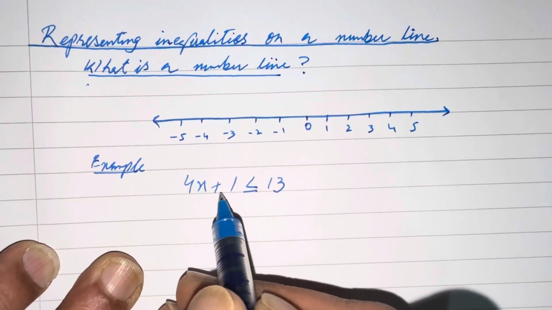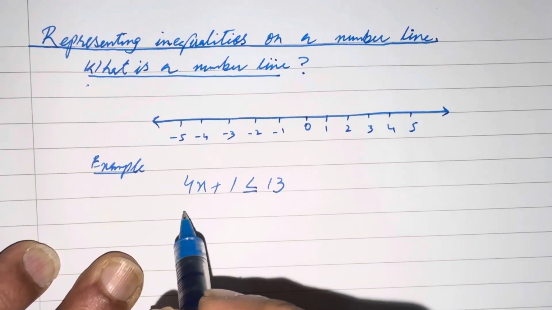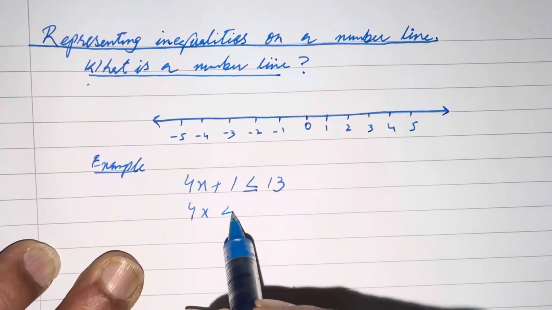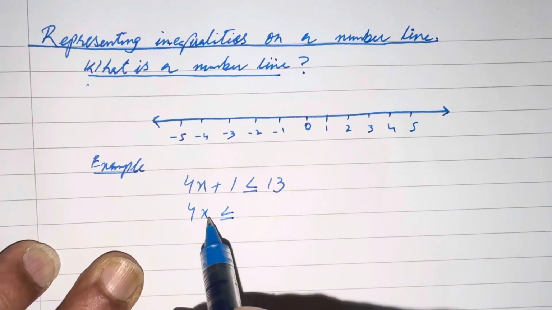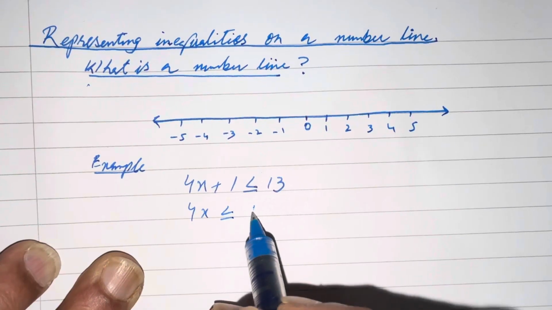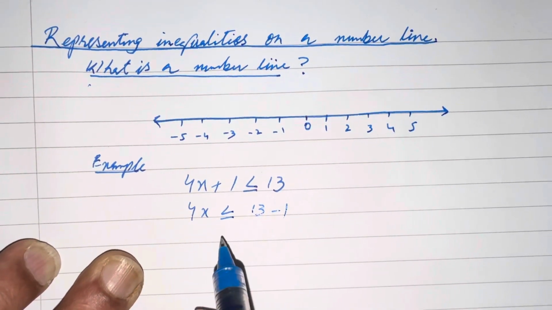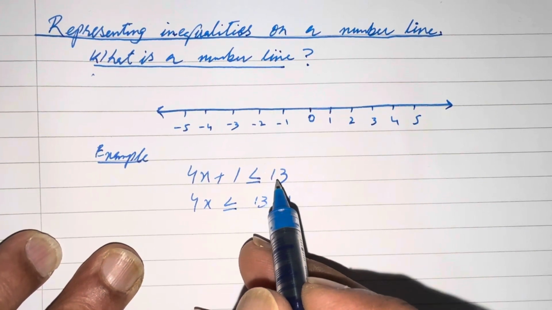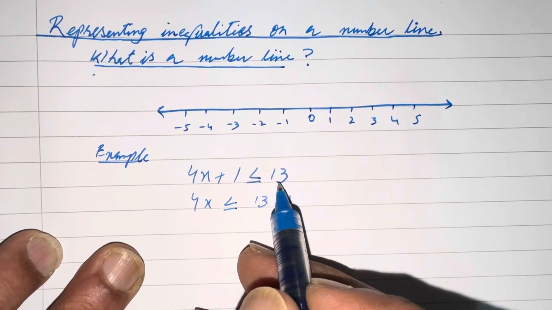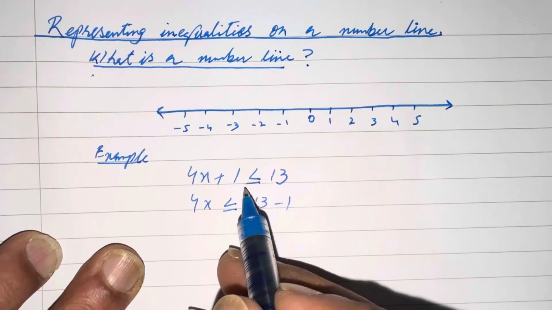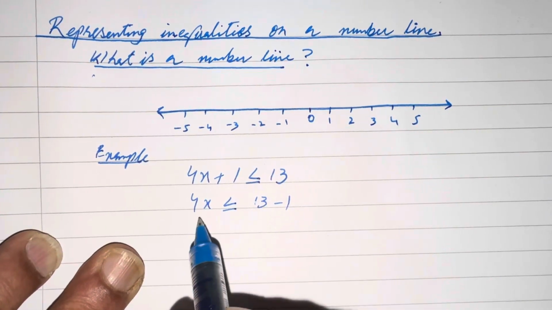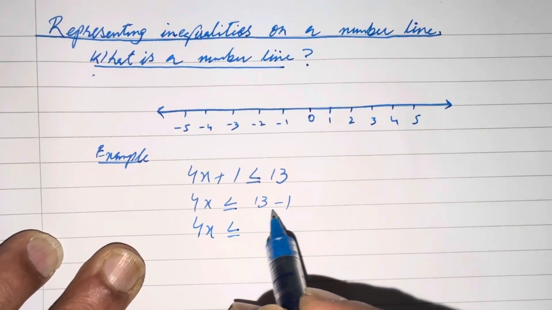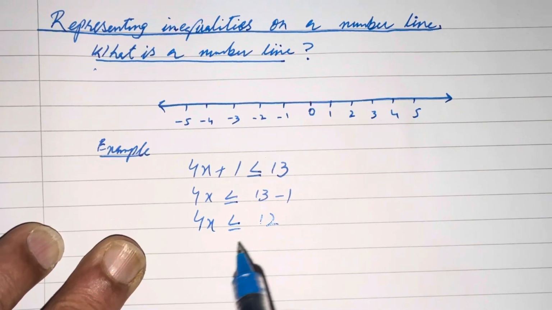Take the plus 1 from this side to the other side. We will do the same process with this linear inequality. So 4x is less than or equal to 13 minus 1. When this positive 1 is taken to the other side of the linear inequality, it becomes a negative number. So 4x is less than or equal to 13 minus 1, which is 12.